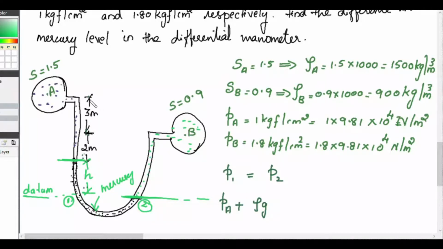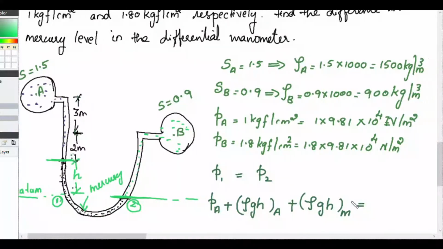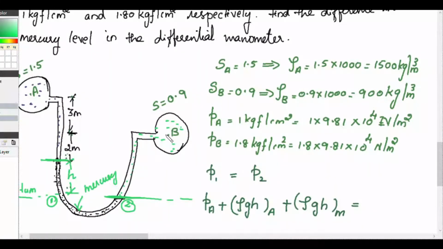So Pa plus rho g h for the liquid in A plus rho g h of mercury in the left limb is equal to, in the right limb, the pressure at 2, which is pressure at B plus rho g h of the liquid at B.